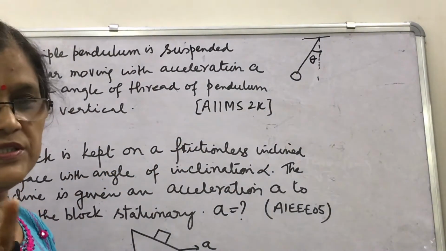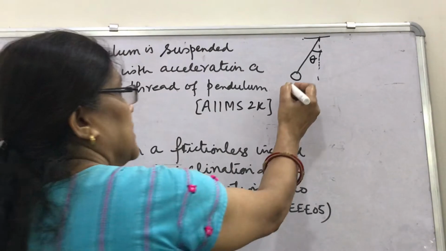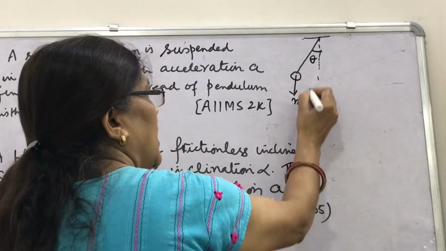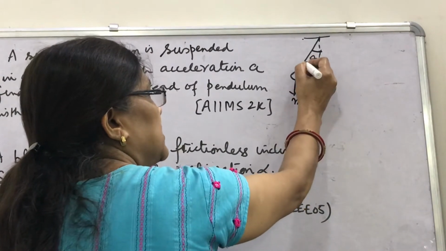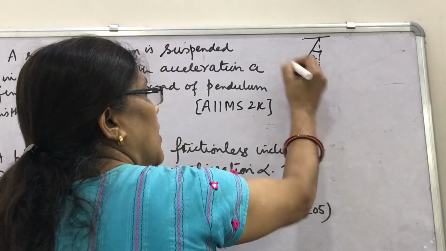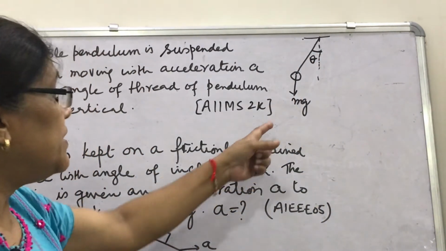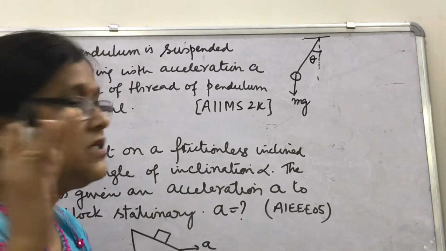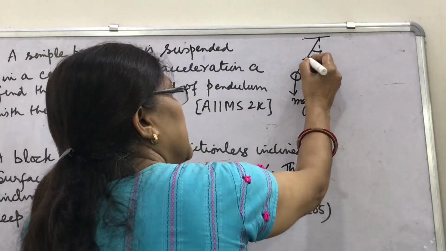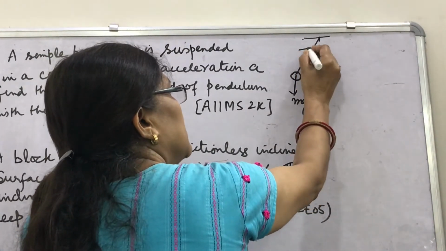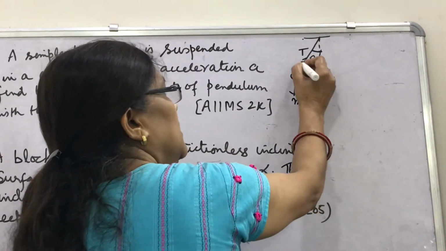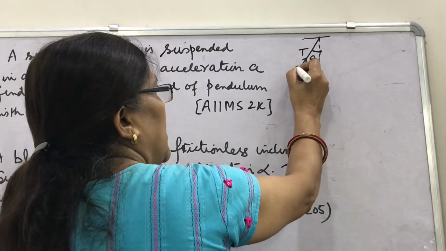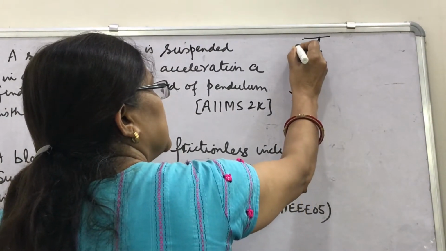What are the forces acting on the pendulum? Its weight mg and this tension T. How will you find the angle theta? You know that if the tension T is denoted from the pendulum in this direction shown by the arrow, then it will have two components.